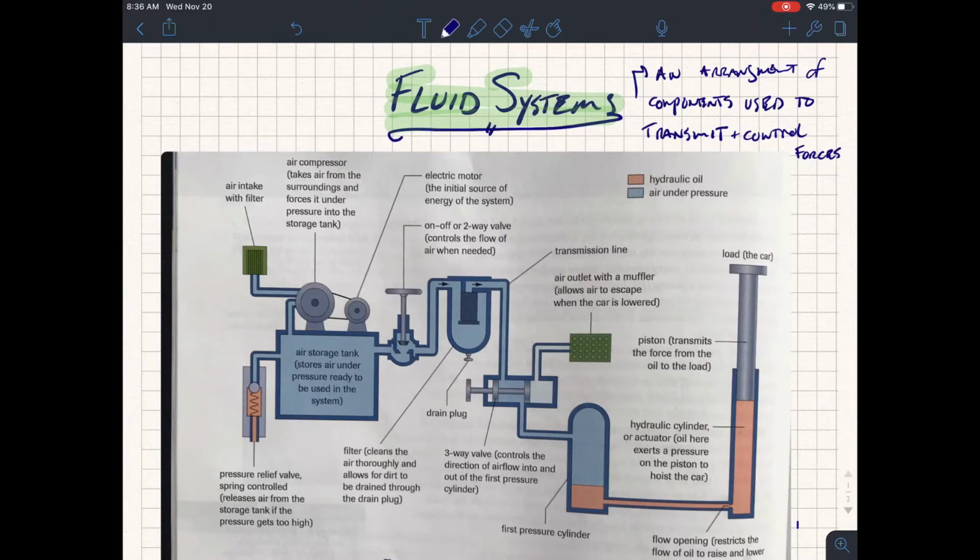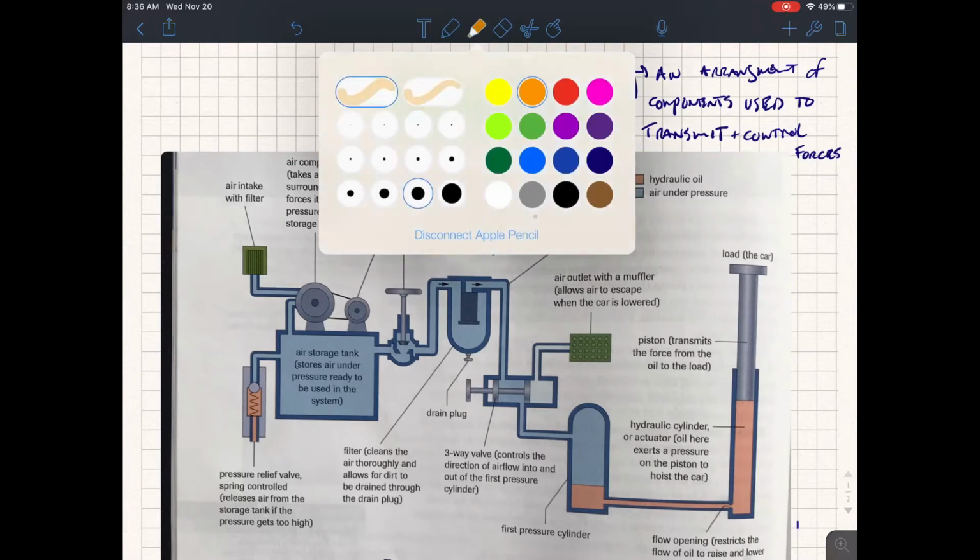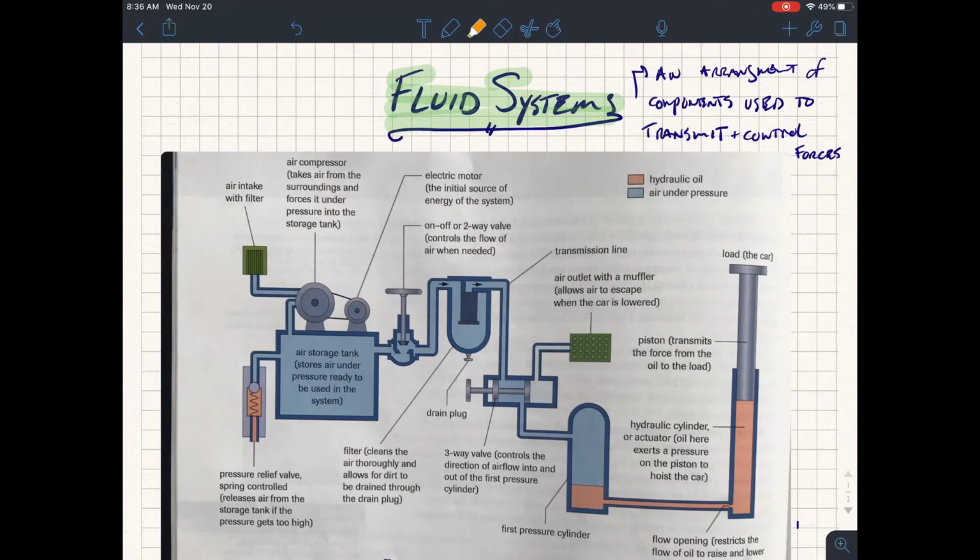What's really important, first of all, is that we need some initial energy input. For the hydraulic press, the initial energy input is from an electric motor. As we go along, it's important for you to follow the flow of energy and forces, and we're going to start with the electric motor.